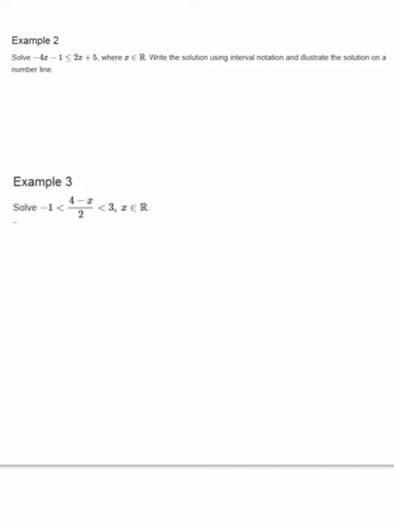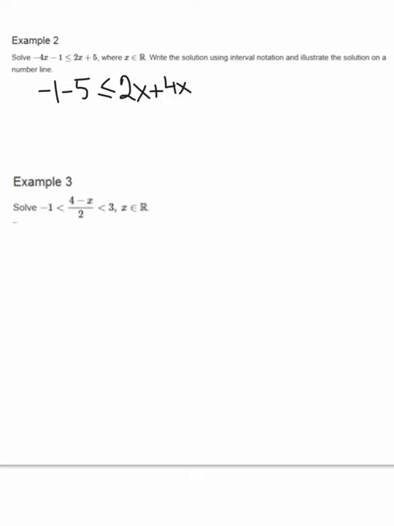Okay, we've got a couple more examples. Solve -4x - 1 ≤ 2x + 5, where x is a real number. Write the solution using interval notation and illustrate the solution on a number line. Same as before, let's bring our numerical values over to the left-hand side. So I'm going to have -1 - 5 ≤ 2x + 4x.